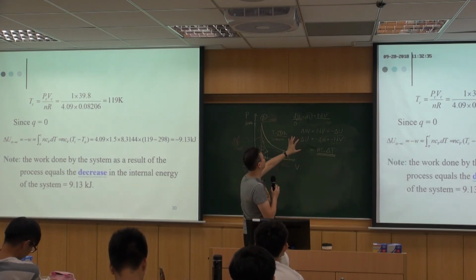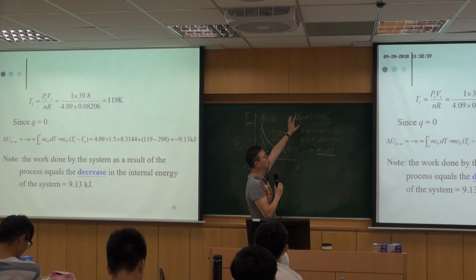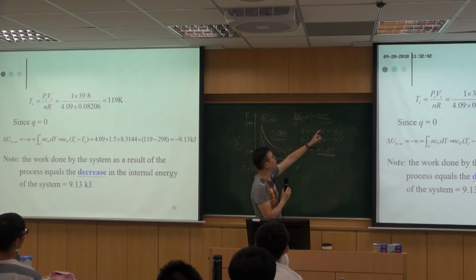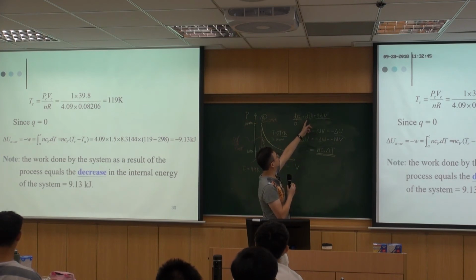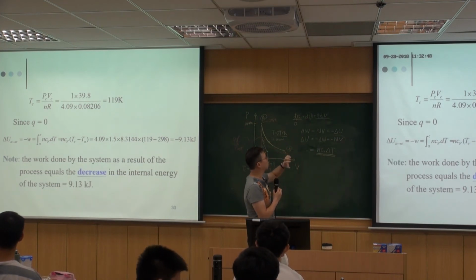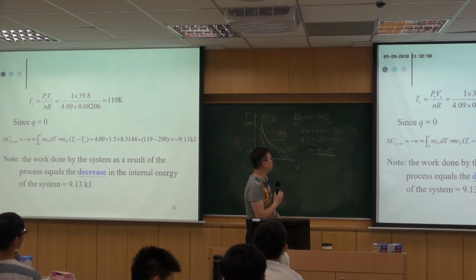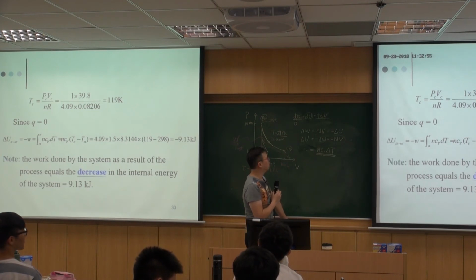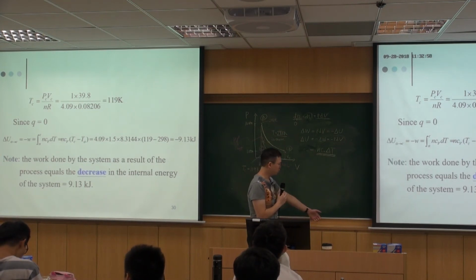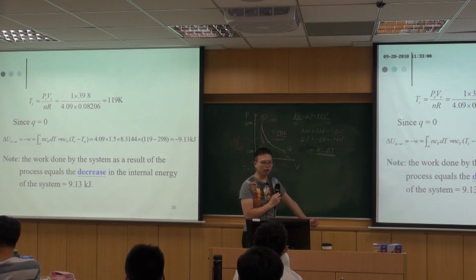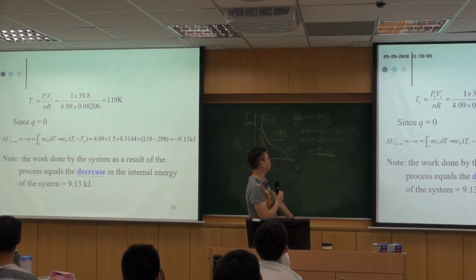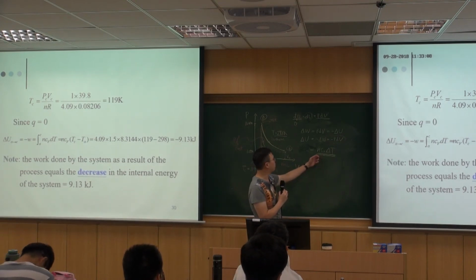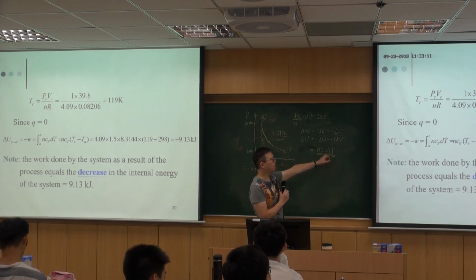So what I mentioned is that because this is 0, you can calculate the work by this one, or you can calculate the work by using the negative of delta U. So it depends on what you like or what you want to do. You can choose either. But most of the time there's a simplest way to solve the problem. And in this case, it is by calculating using CV dT.